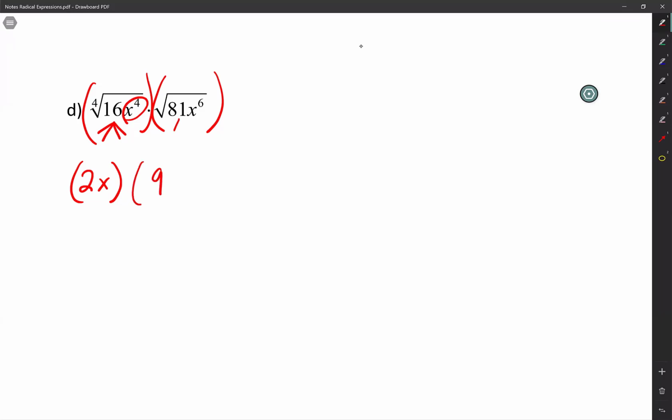And the square root of x to the 6 is x to the what? Yeah, third. Now you just multiply both of them, guys. 9 times 2 is 18. And then x cubed times x to the 4th. Are you guys okay with that?